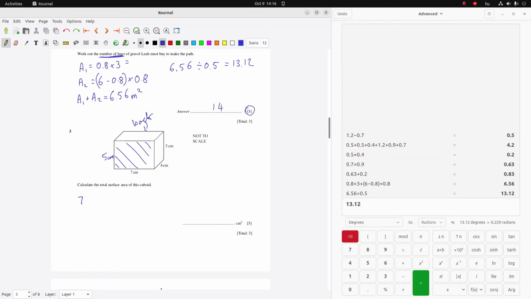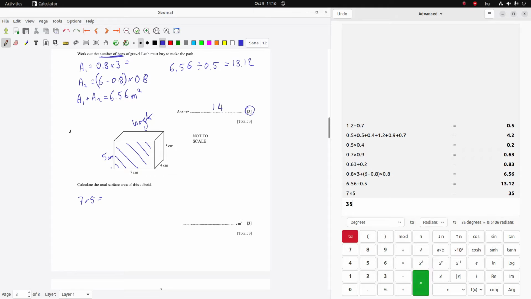So we have 7 times 5 equals 35 centimeters squared. I could have done that in my head.